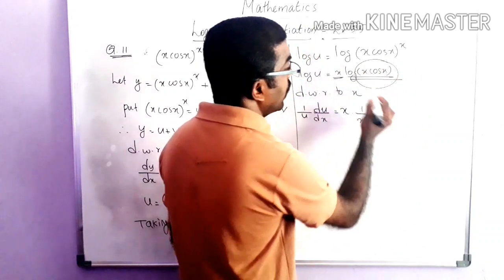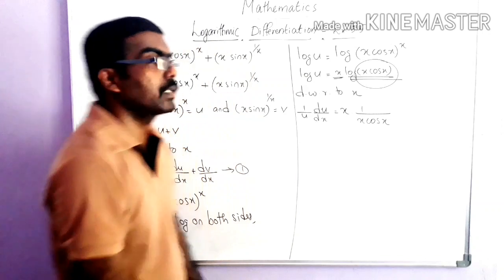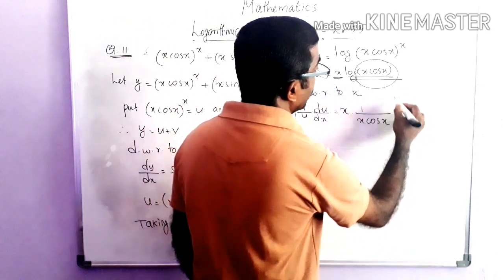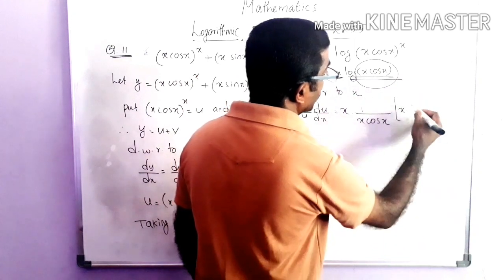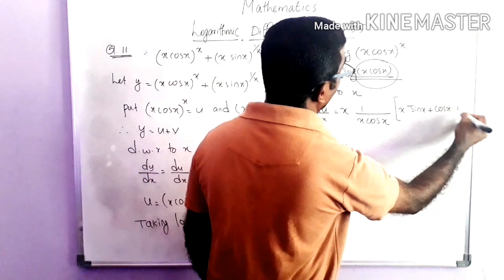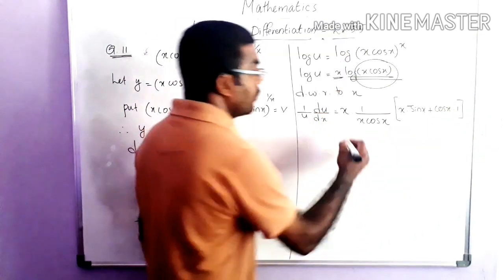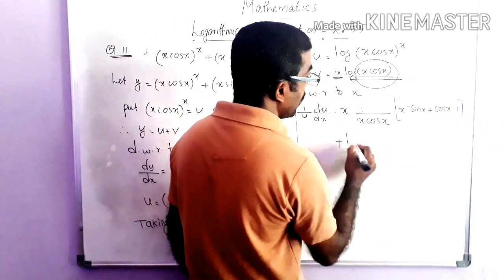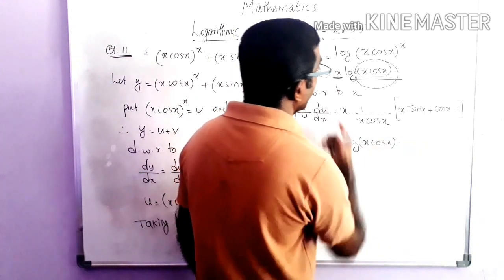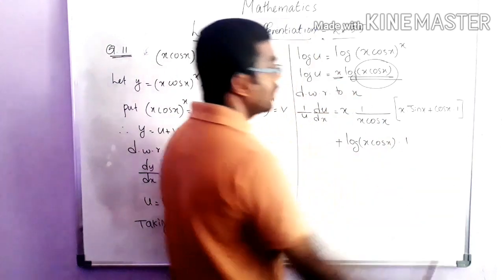That is chain rule, derivative of x cos x. So again we have to apply the product rule: first function x, cos x derivative minus sin x, then plus cos x into derivative of x is 1. Then plus the second function log x cos x into derivative of first function.